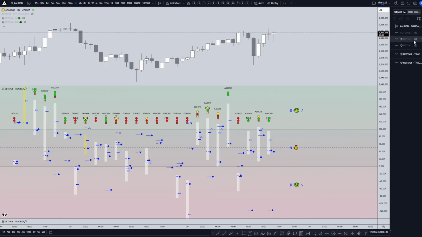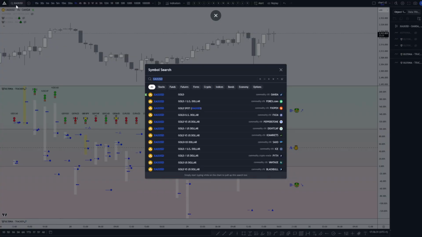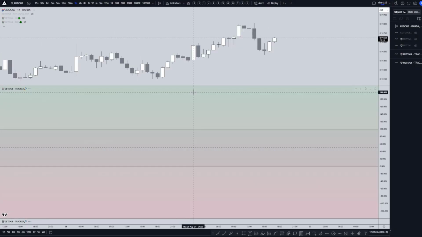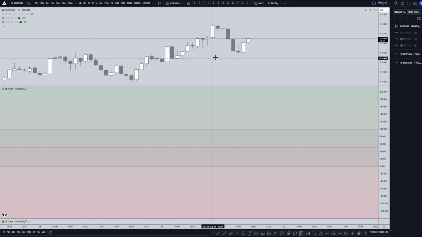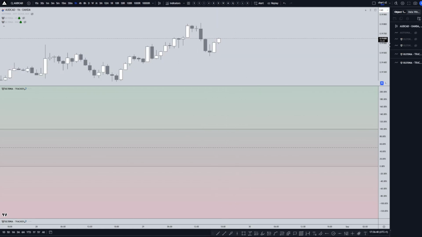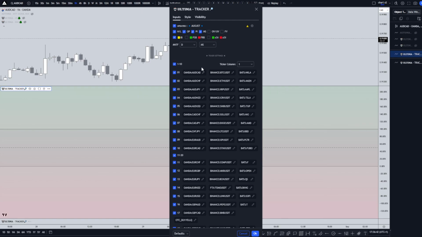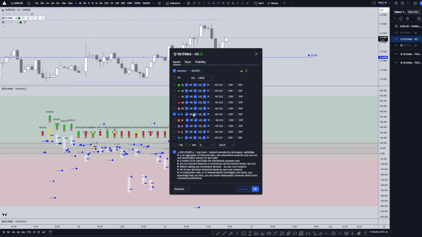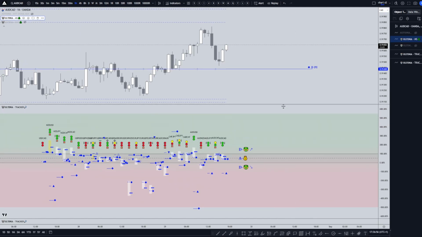So let's go AUD CAD just to see an example. Let it load in. I know we need the signal box market structure, so we go on daily and add the market structure's cloud.